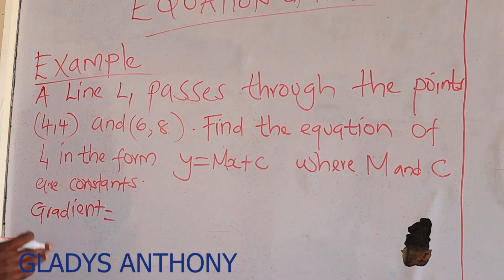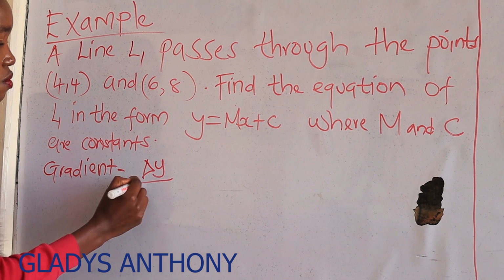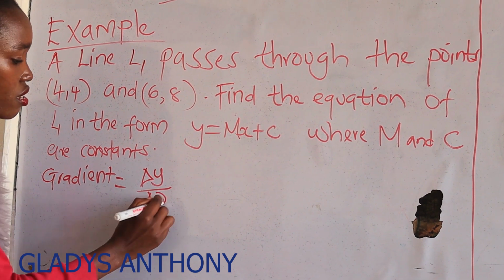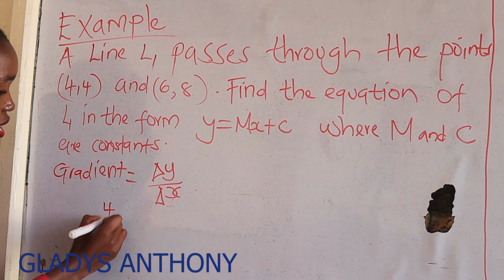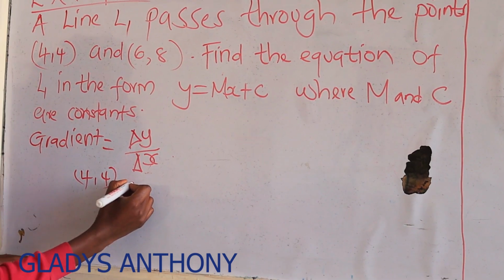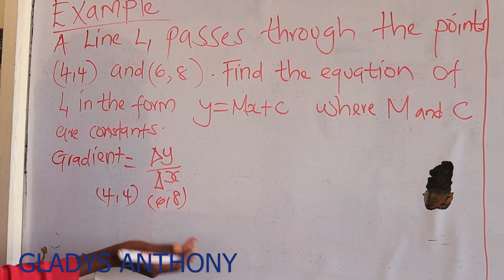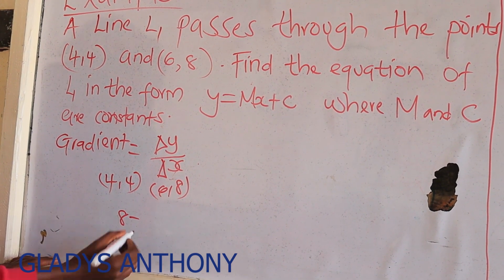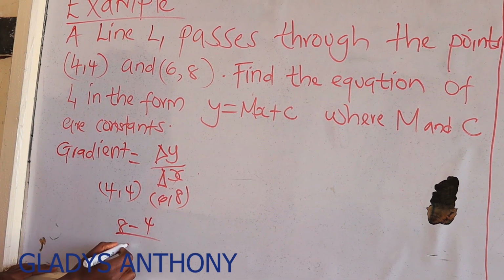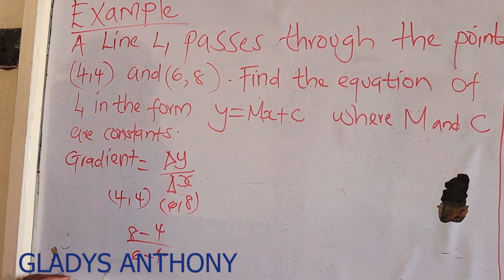Remember we said gradient is change in y divided by change in x. So we take our 2 points, (4, 4) and (6, 8). We take 8 less 4, and then 6 less 4.